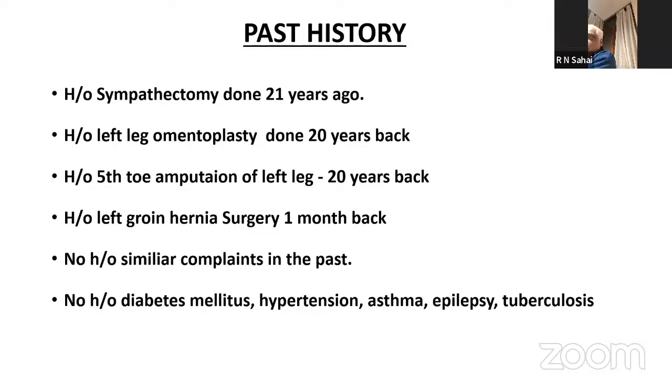So did you ask for history of claudication, rest pain? Yes, sir. At present, he doesn't have it, sir. Did he have it before? It was a history of 20 years back, sir. He had it in both the limbs or just one limb? Both, sir. So you think it's disappeared? You think peripheral vascular disease disappears?